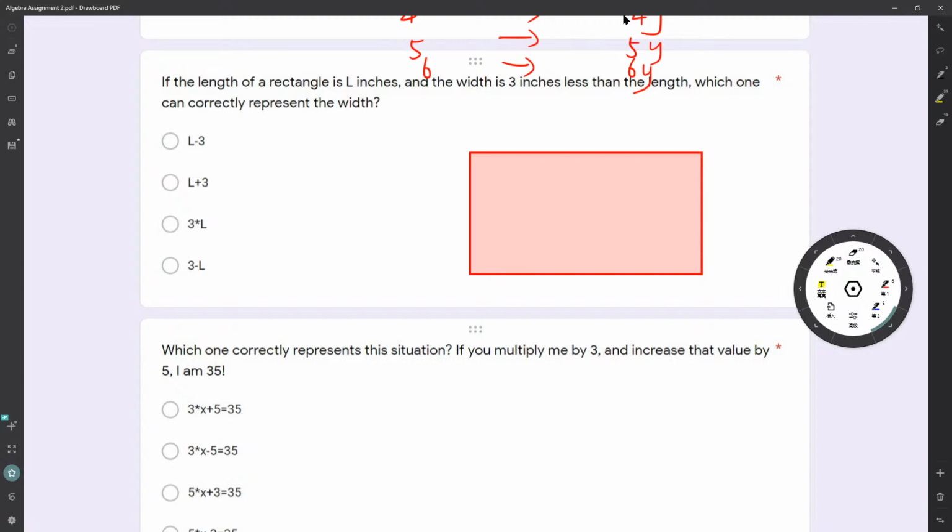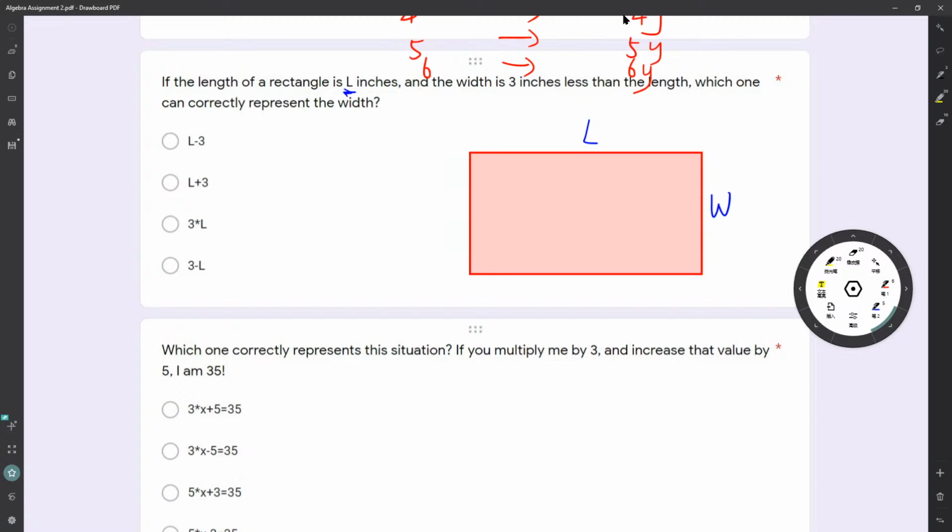This is the length, L inches. We don't know how long that is, right? But we know this is L. And the width is 3 inches less than the length. So the width is 3 inches less, but we don't know L. But we know it's 3 less than L.